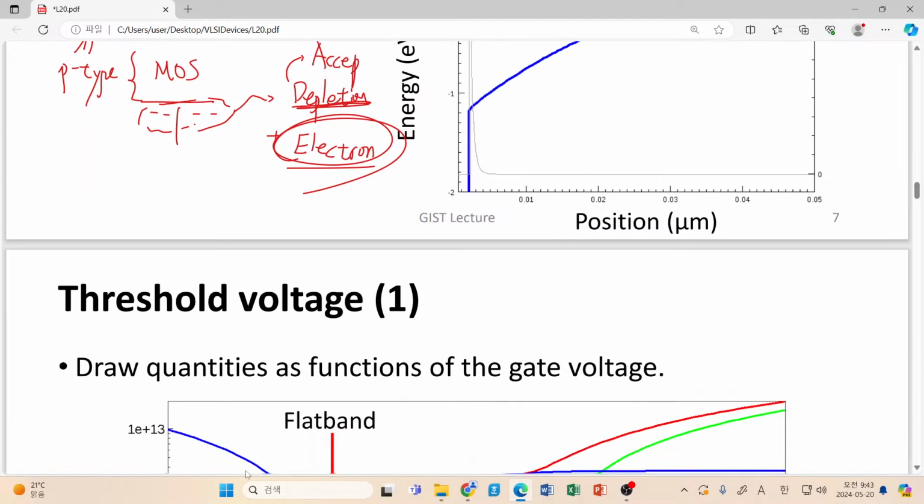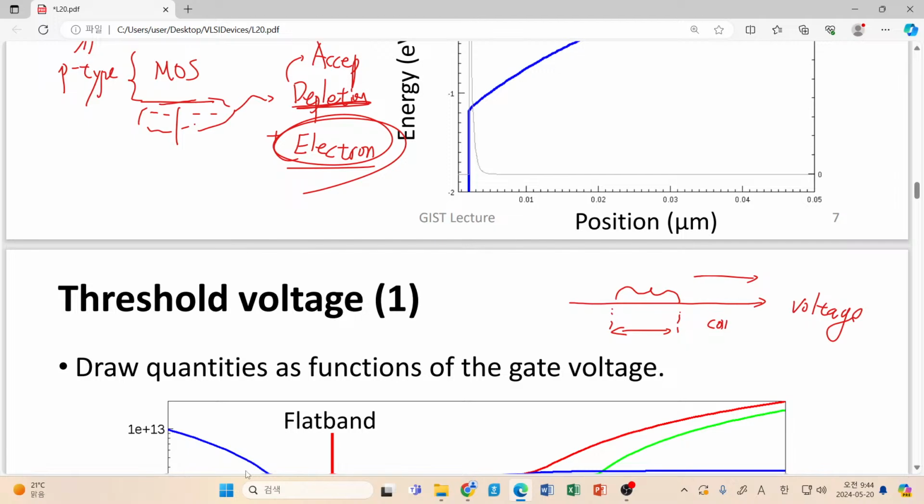So I mean that, now let's go to this one. We have a certain voltage range. In this voltage range, we have a certain range where the device cannot conduct the current, and beyond a certain gate voltage, now we have electrons and it can conduct.